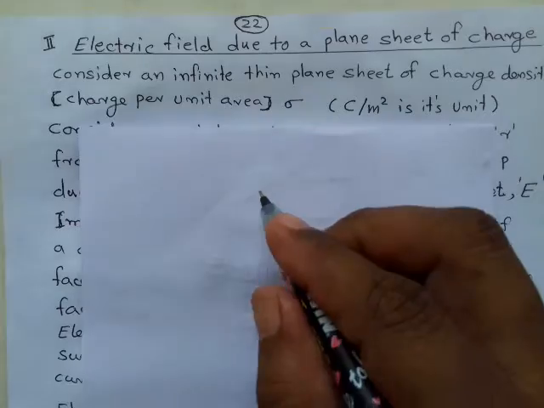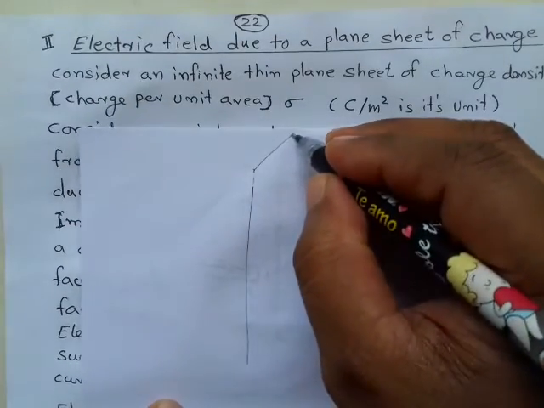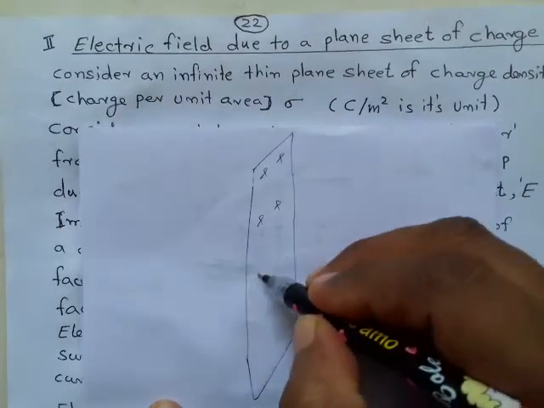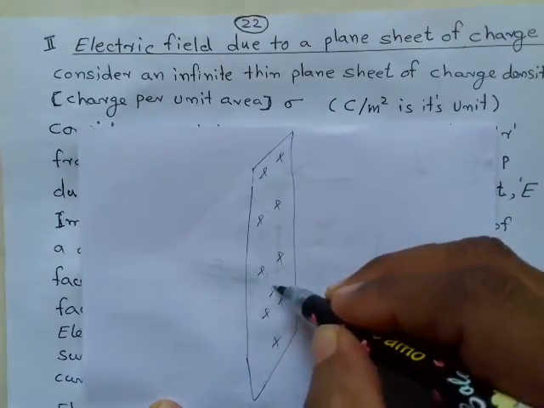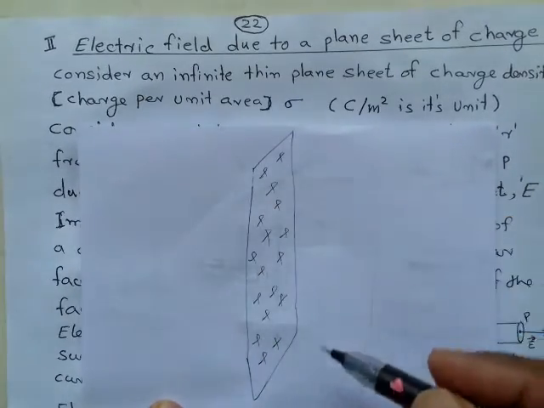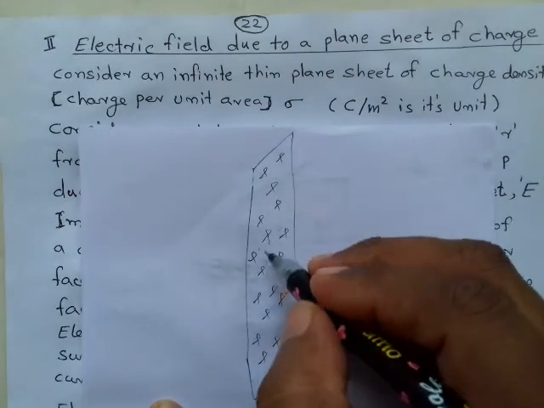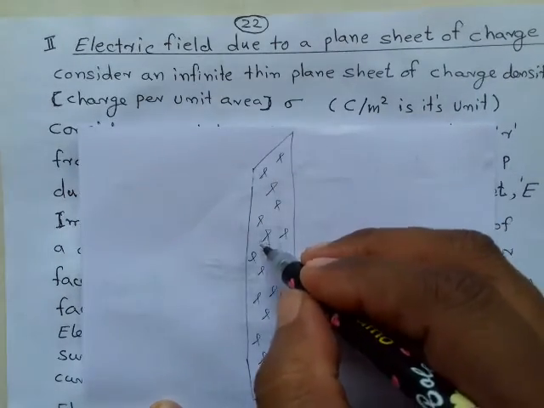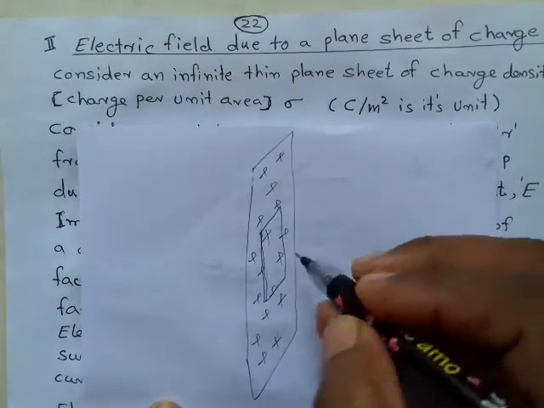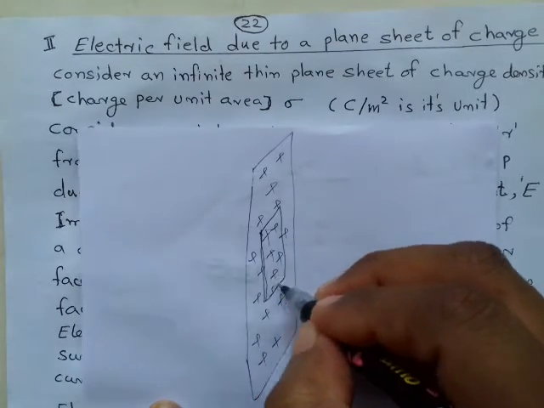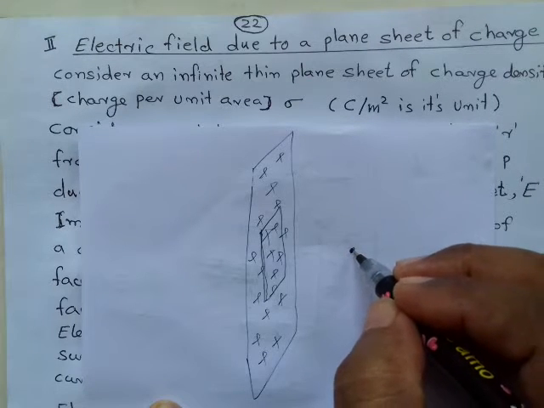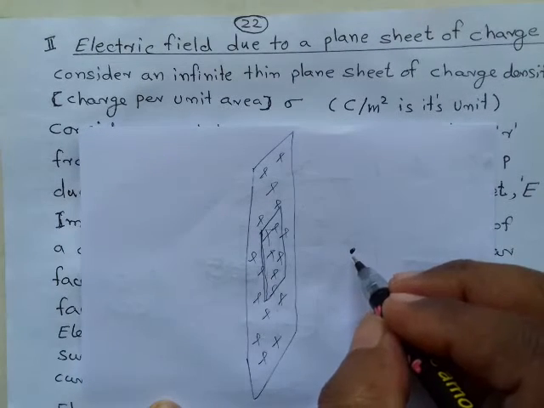So we have to imagine that there is an infinite plane sheet, and charge is given to the plate so that it is equally spread like this, and we are taking a small portion of the sheet that is drawn in the figure. Due to the presence of this spread out positive charge, we want to find out the electric field at a point here, either here or on the other side.